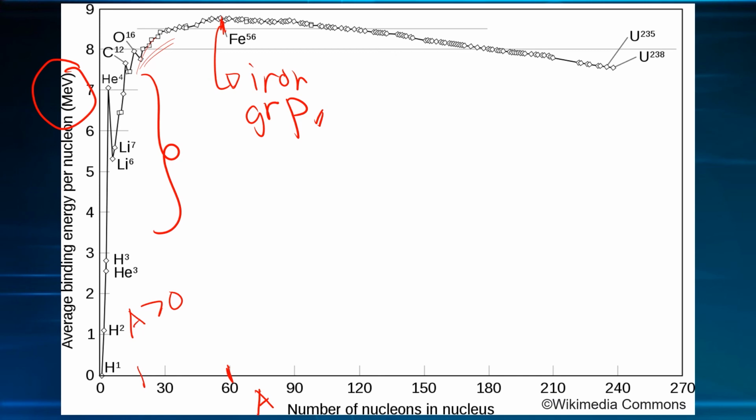And this is the peak of this graph, this 9 mega electron volts per nucleon. And for A larger than 60, in this part of the graph, the binding energy per nucleon decreases slowly, wherein the general mean is about 8 mega electron volts per nucleon.